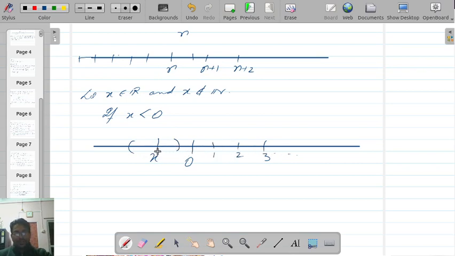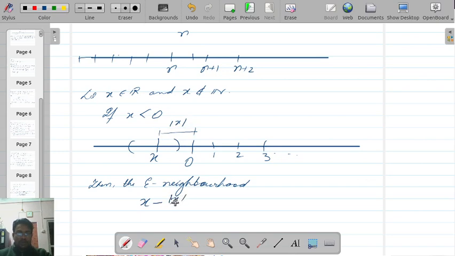We can take the interval with half of this distance. This distance is modulus of x.